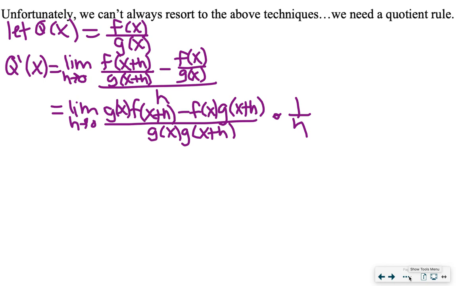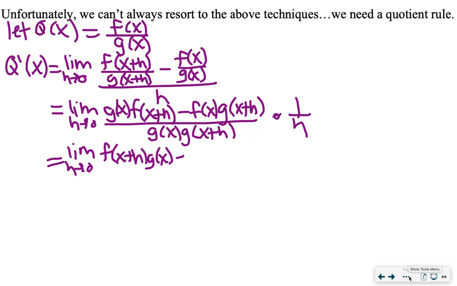Okay, so like with the product rule, I'm going to force in a couple terms there so that I can have something to common factor with. So I'm going to have the limit as h approaches 0 of, I'm just going to write my f first, f of x plus h, g of x, and I'm going to force in f of x times g of x.